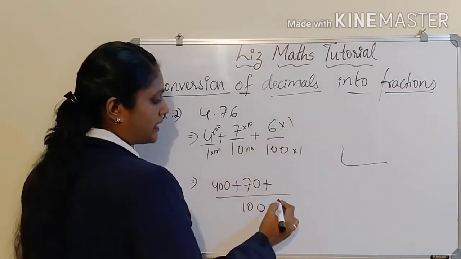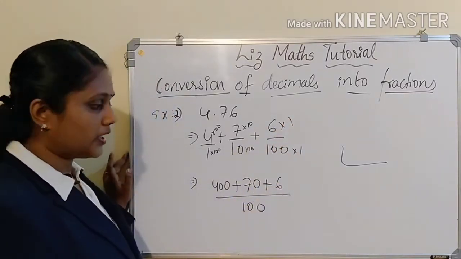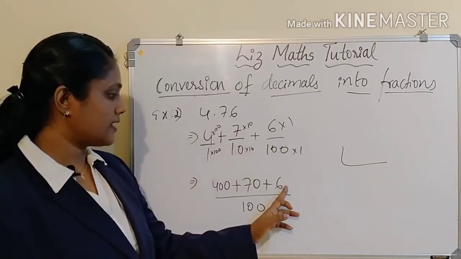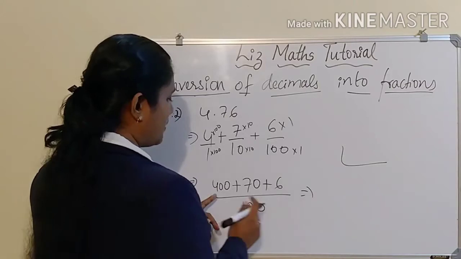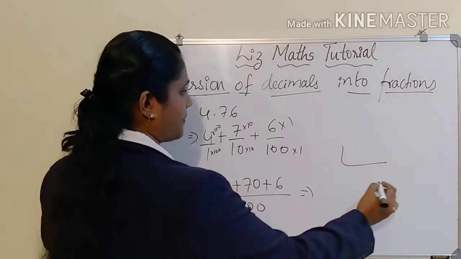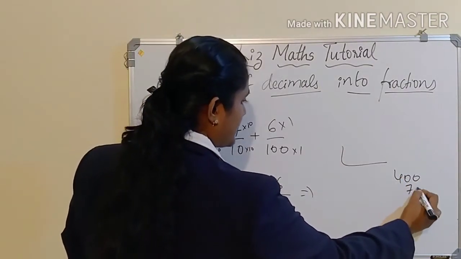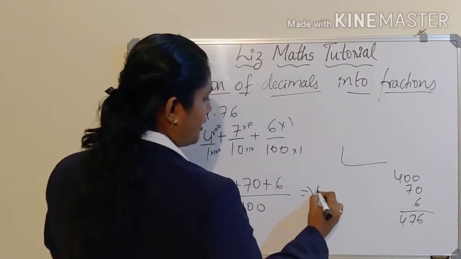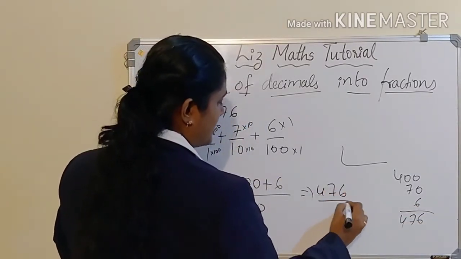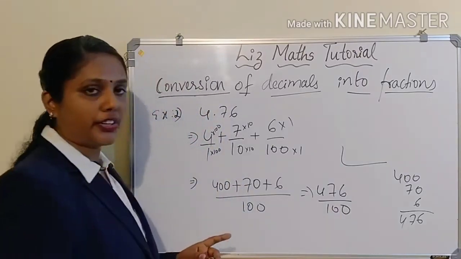So here you have to multiply with 1. So you will get 6 ones are 6. So now go for adding all these. 400 plus 70, 470, then 6, so 476. You are getting 476 divided by 100.